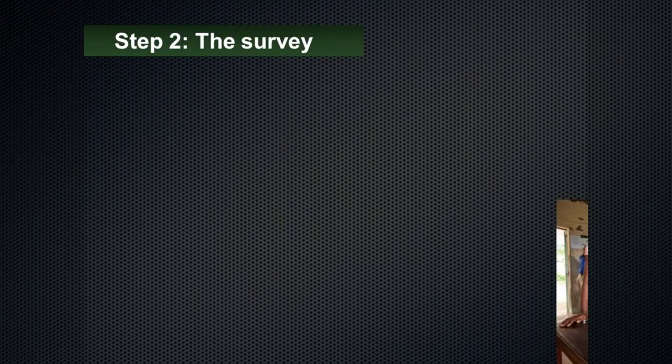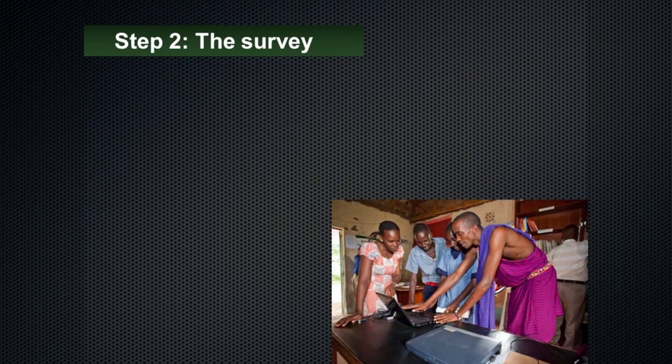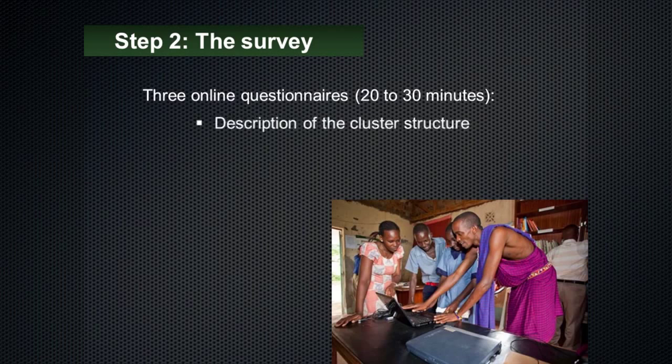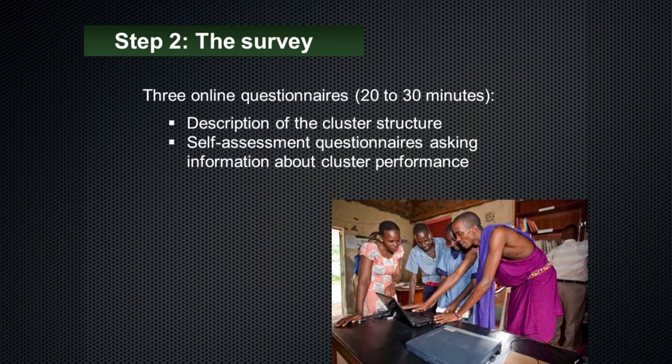The second step starts by the distribution of the survey itself. It is made of 3 online questionnaires of 20 to 30 minutes, including description of the cluster structure and a self-assessment questionnaire asking for information about cluster performance.